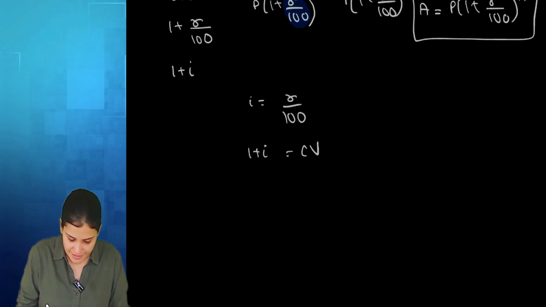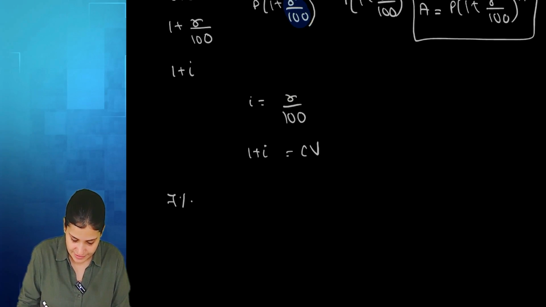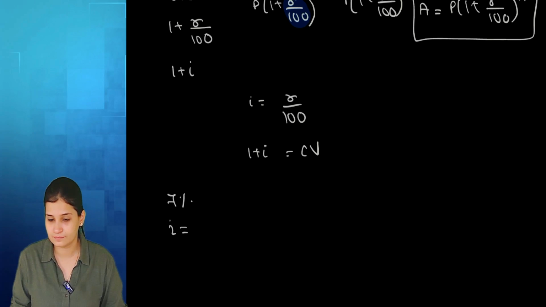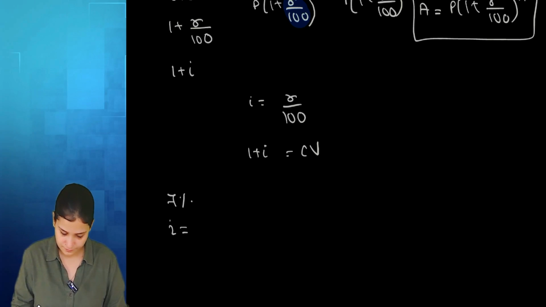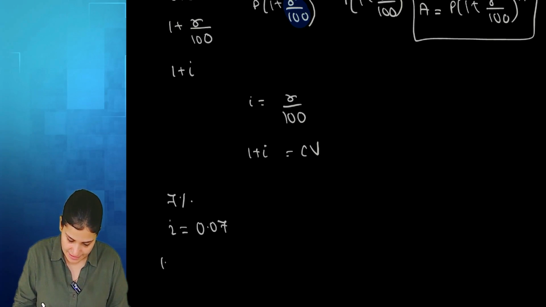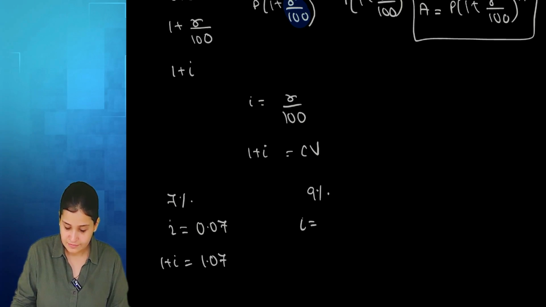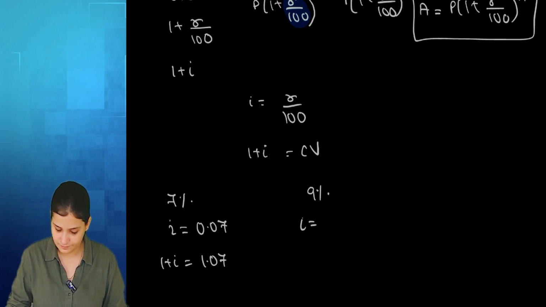If I am saying that the rate is 7%, can you tell me what would be I? 0.07. And what will be 1 plus I? 1.07. Understood? If the rate is 9%, what will be I? 0.09.